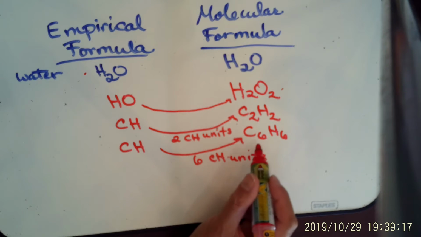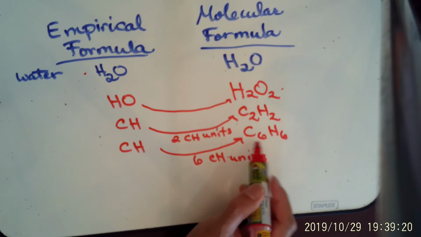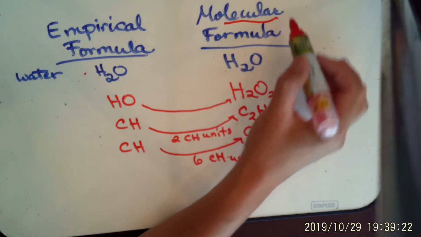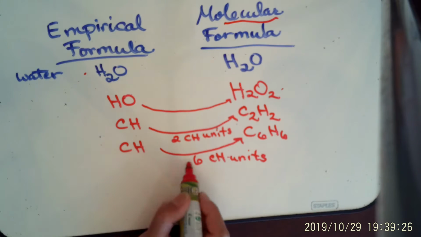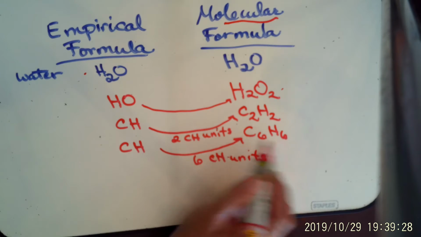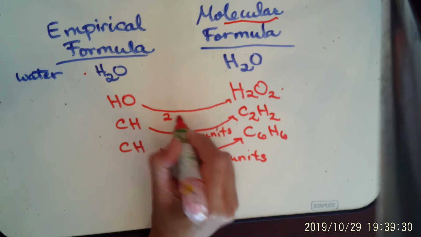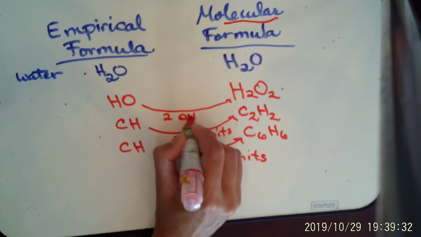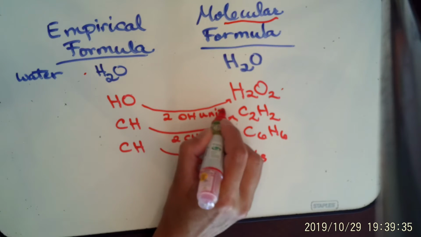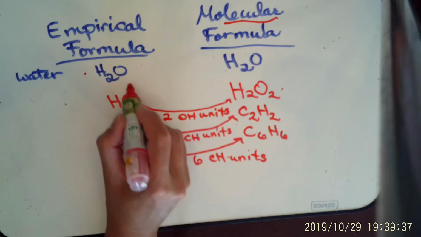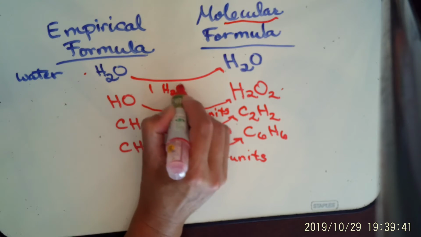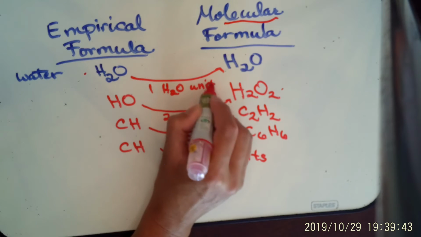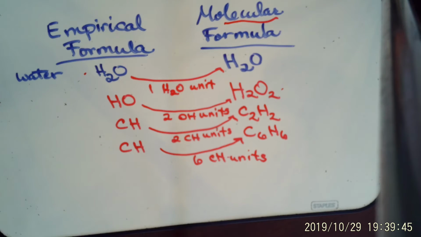We do not write it like we write ionic compounds. Remember, it's a molecular formula, so this is a molecular compound. You don't use parentheses, you just multiply the number of units into your subscript. So this uses 2 OH units. Here it's 1-to-1, so you just need 1 H2O unit. So that's the difference between empirical formula and molecular formula.